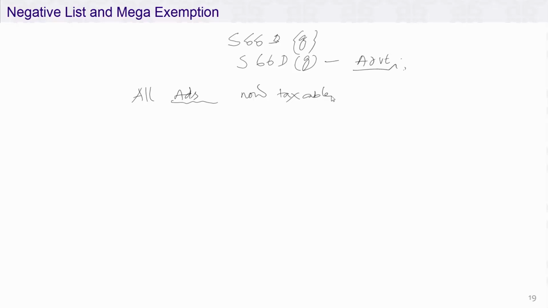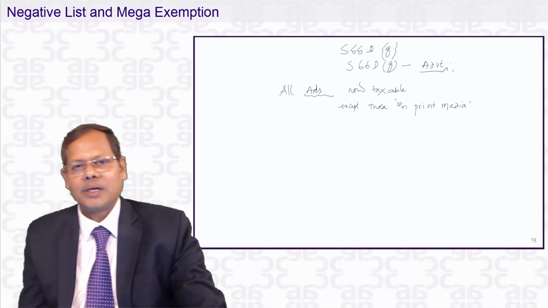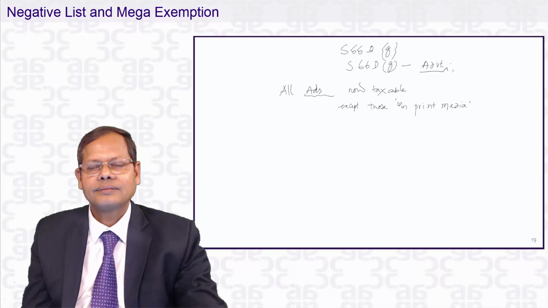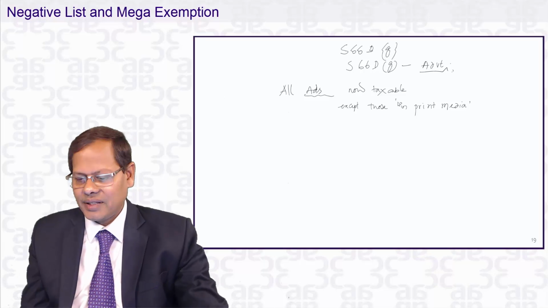So government's income increased manifold because of this. All advertisements are taxable now, except those in print media. So what do you mean by print media?